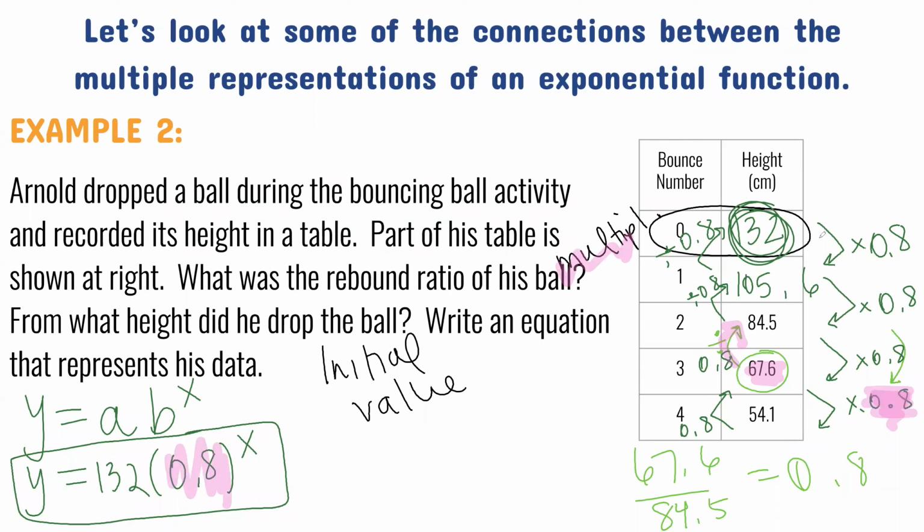Then, since going down, you're multiplying by 0.8 each time. To go backwards, you have to do the opposite, which is divide. And that's how I got these numbers up here. 84.5 divided by 0.8, and my calculator gave me approximately that. 105.6 divided by 0.8 in my calculator gave me approximately that. That is my initial value, and that's why I plug it in for a in that spot.